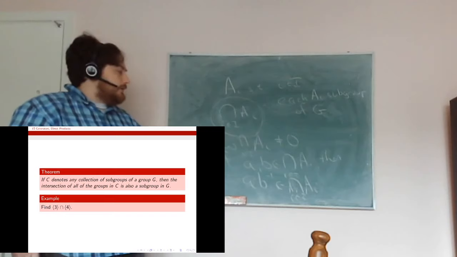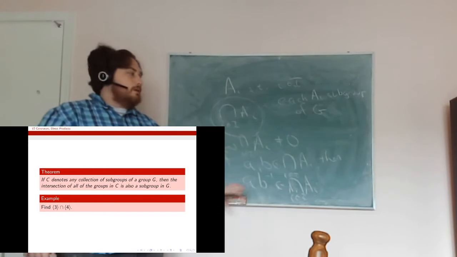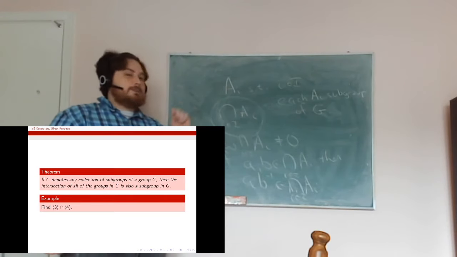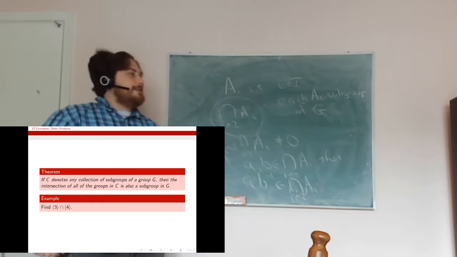So what I'd have to do is, first off, find something that's in the intersection. So maybe you guys can help me out here. Each of these is a subgroup of G. Is there something that has to be in each of these? Yes, T. What element is that?